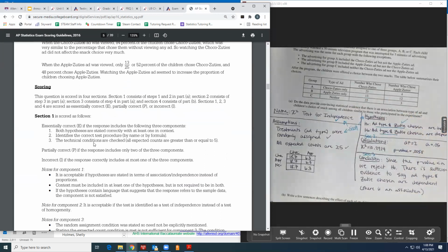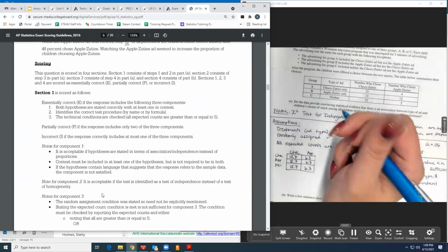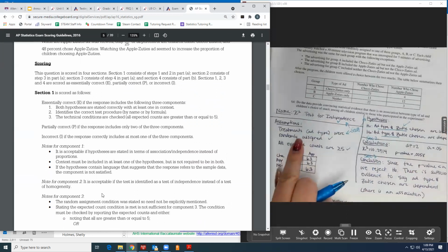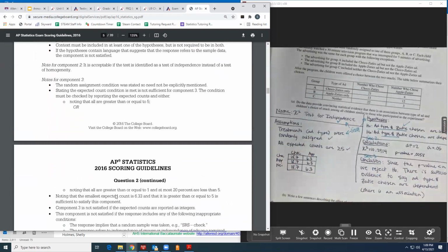The technical conditions are all checked. So all expected counts are greater than or equal to 5. They did not take off if you didn't mention randomness, but you should have mentioned randomness. They only took off if you didn't say all expected counts are greater than or equal to 5.